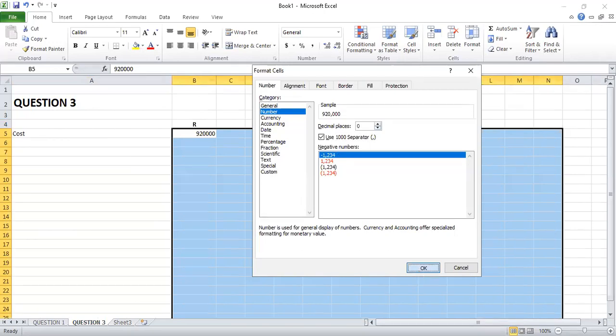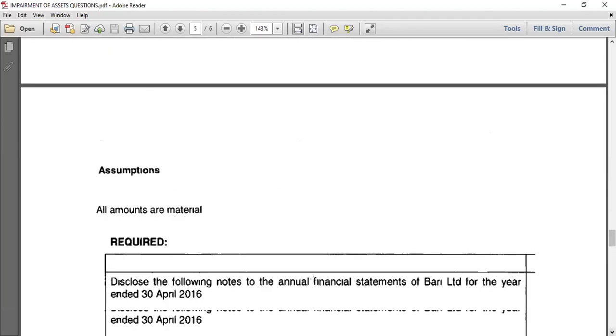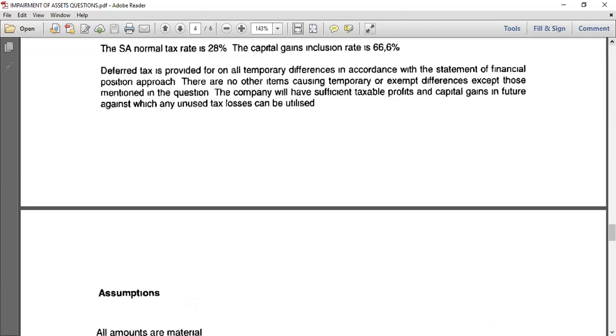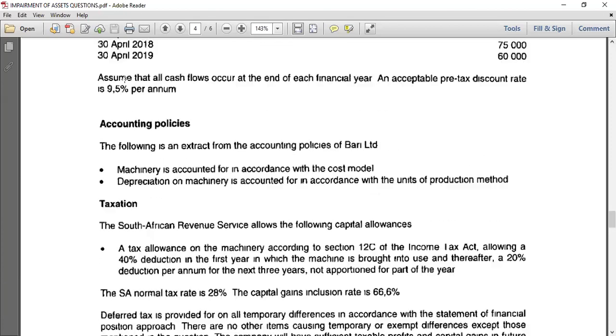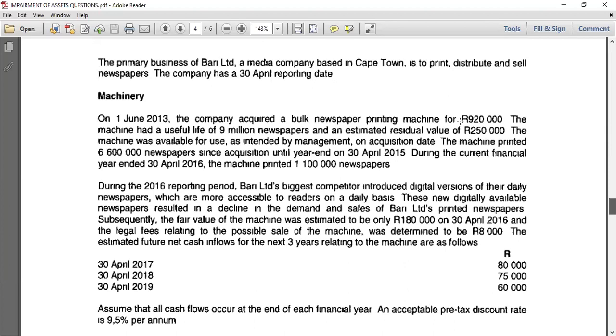Right. Our financial year is ending 30 April 2016. And we know that machinery is accounted for according to the cost model. Depreciation is accounted for in accordance with the units of production method. Right. So our cost is 920,000.